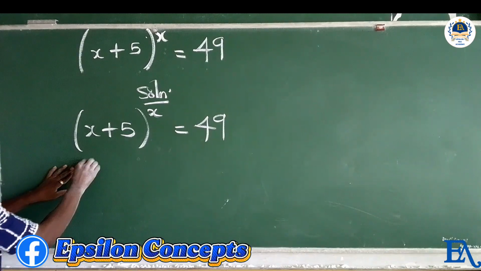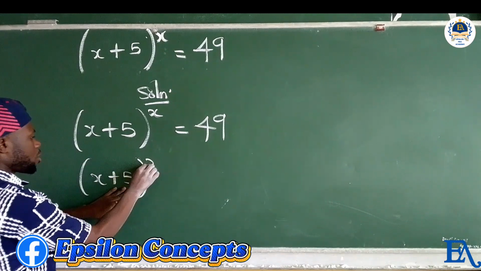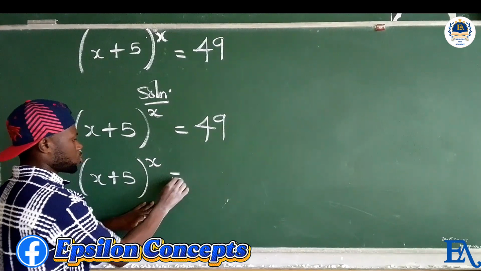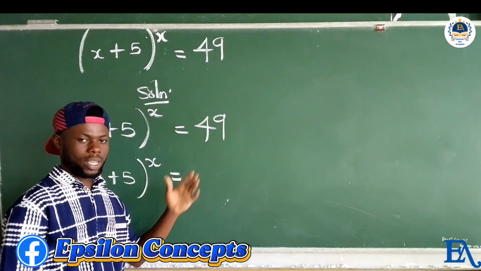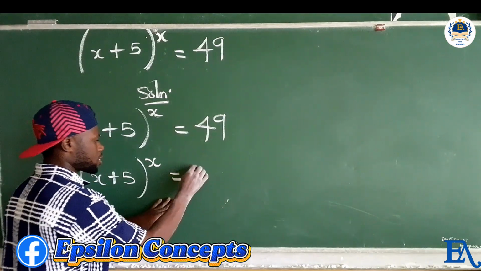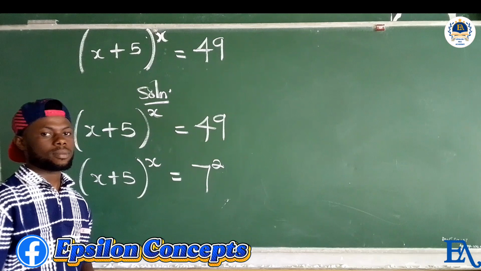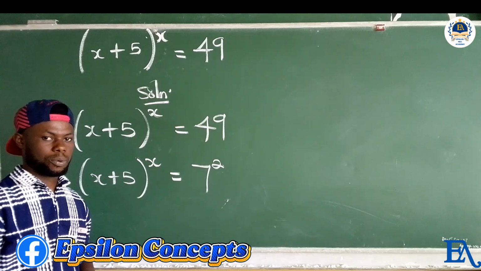That becomes (x + 5)^x = 49, and if you change 49 to its exponential form, it will give 7^2. That is the very first approach.